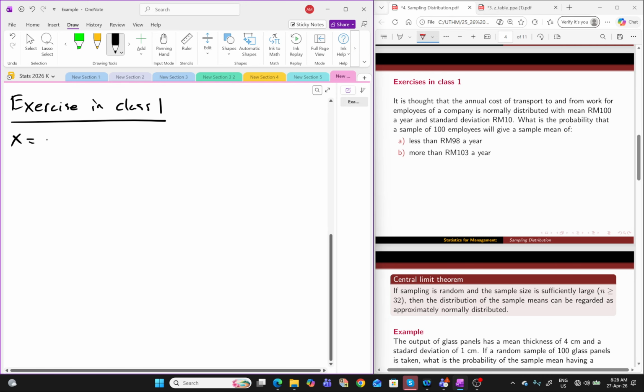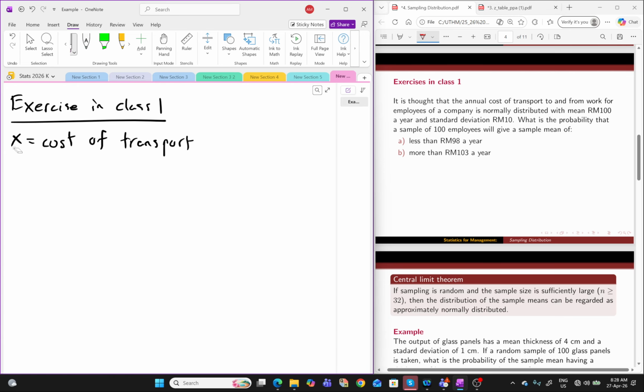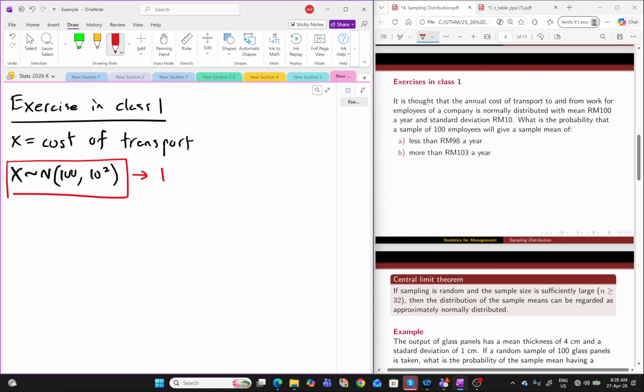The variable is cost of transport and the distribution of x is normal, the mean is 100 and the standard deviation is 10, so we write it in terms of, so we call this, still reminding you, this is actually the distribution.